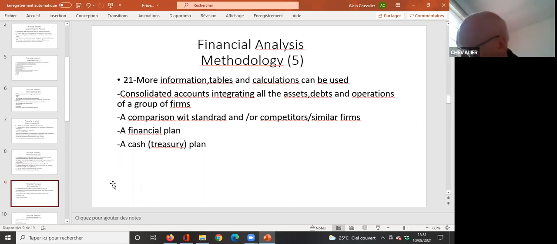the choice of standards, which can also be averages in an economic sector, or the comparison with similar firms, are very central. It's very difficult to say what is the value of the result of a ratio.